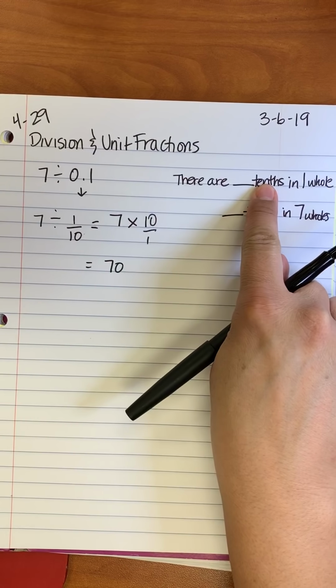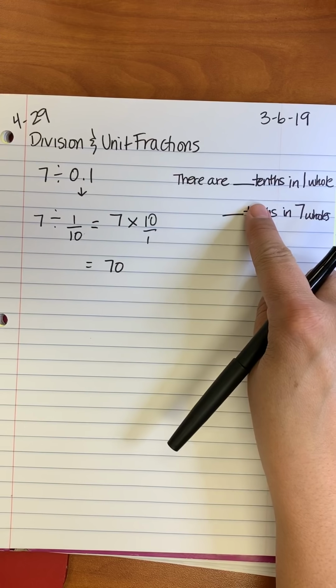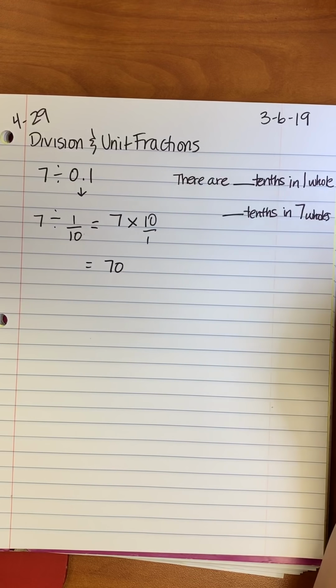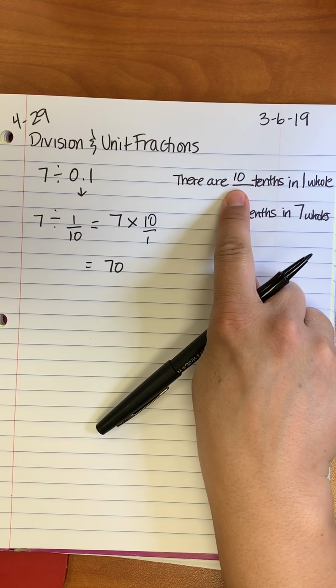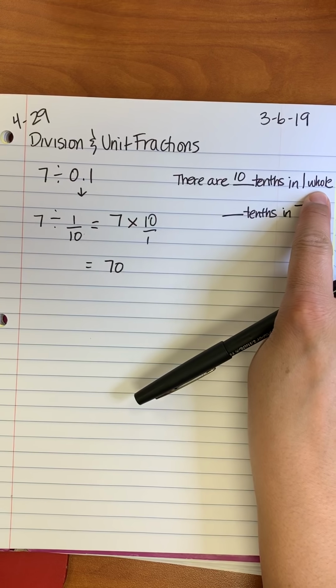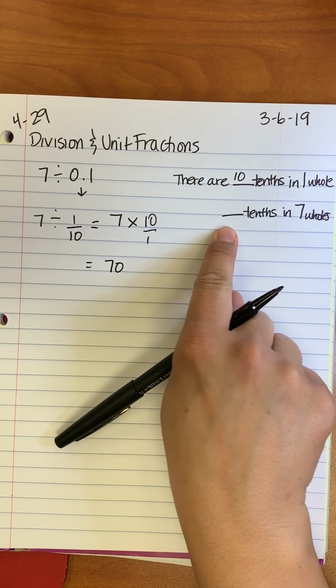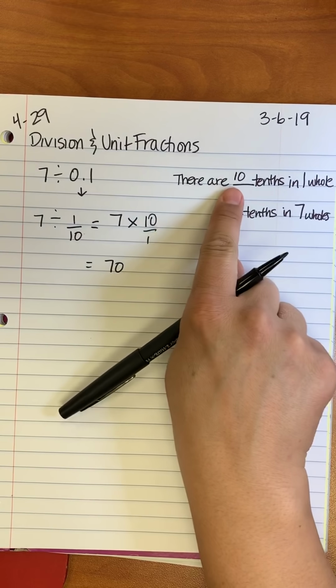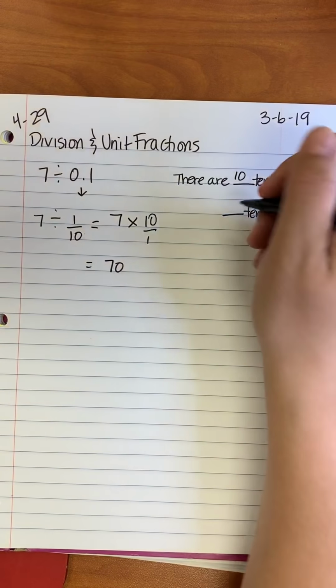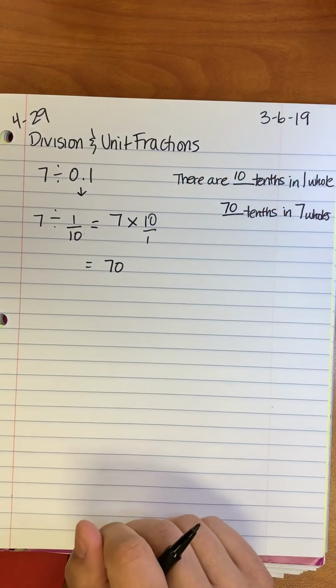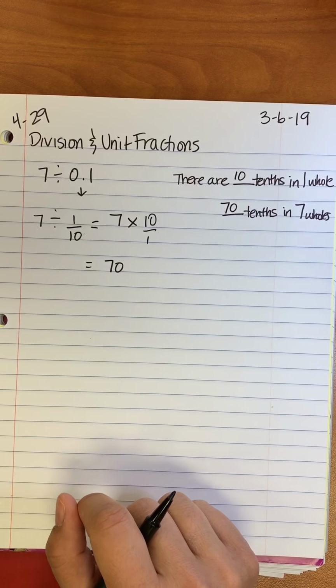So how many tenths are in one whole? Well, we know that there are 10 tenths in one whole. So if there's 10 tenths in one whole, then how many tenths will be in 7 wholes? So it's basically what we did here. We've got our 10 times 7, so 70 will be our answer.